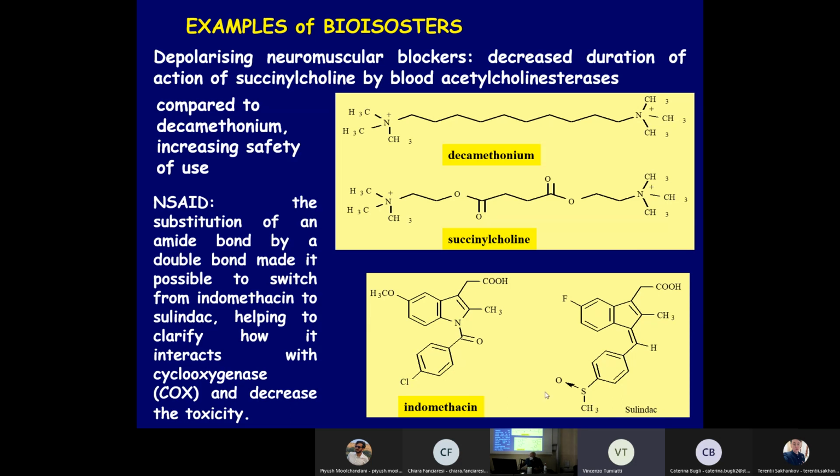And the second point was the addition of the sulfur group instead of a chlorine. Sulfur is an electron-rich atom, you know. It's able to act as a radical scavenger.